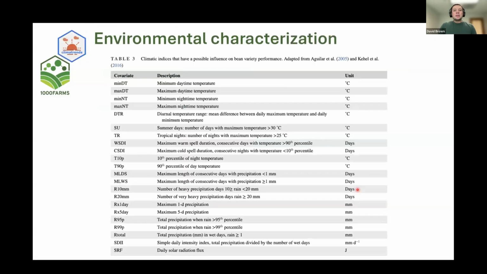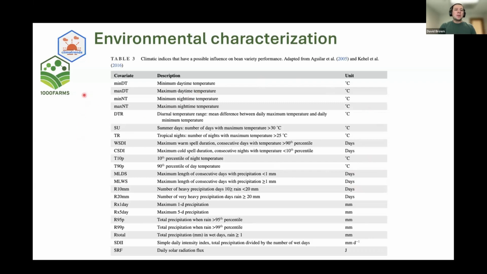So we aim to characterize the environment, or to assess which environmental factors or variables have an influence on crop variety performance. So we use this set of climatic indices, which are known to potentially have an influence on bean variety performance. Not necessarily developed only for beans, but what I'm trying to say is that they are coming from previous studies that support this.